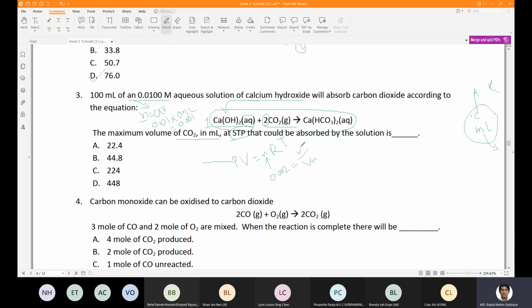We need to know the V, but Vm at STP is 22.4 liters. So if we just multiply 0.002 times 22.4 liters, we will find the volume of carbon dioxide.